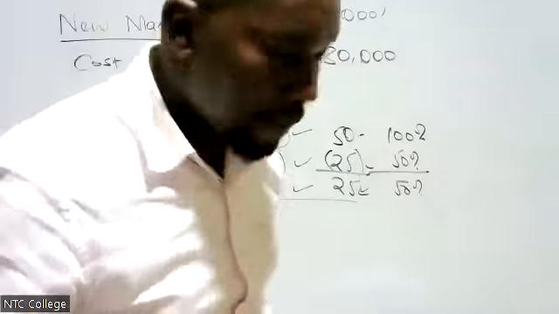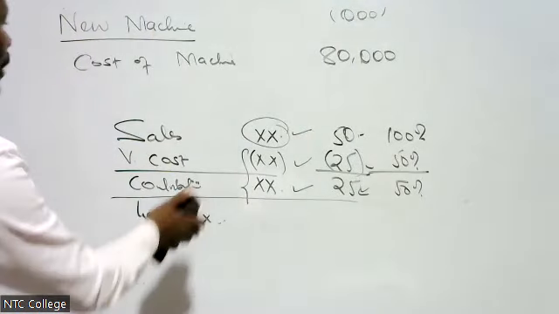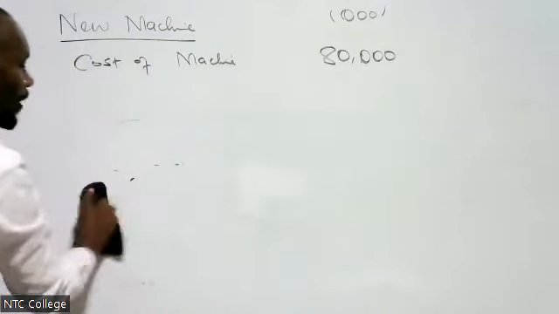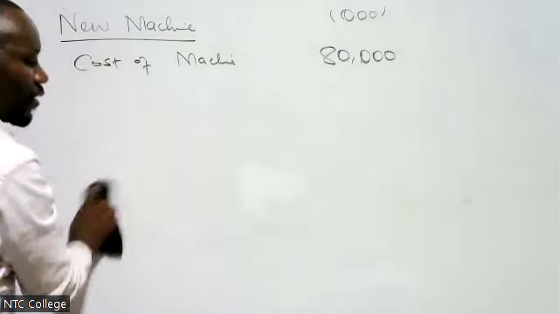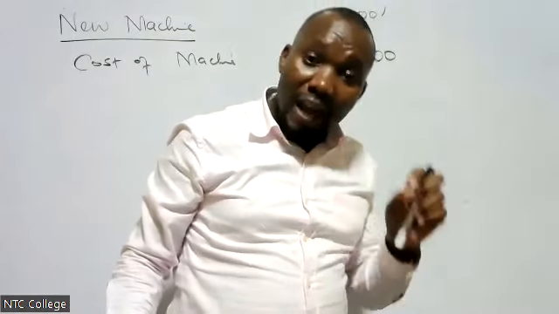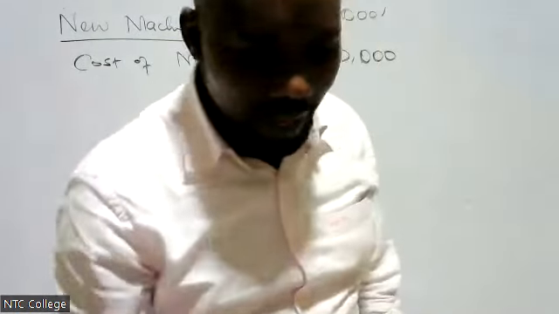I hope that we are together. So we are told that we have a contribution margin of 40%. So 40% of 25 million will be our profit. We simply deduct fixed cost from that.